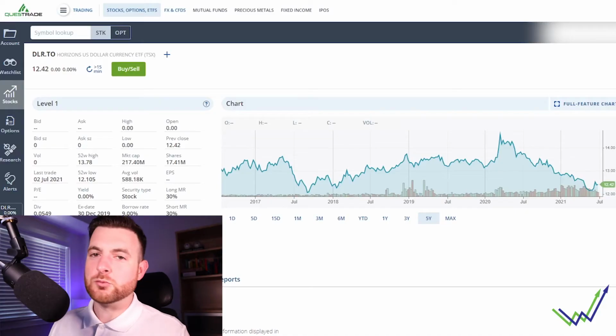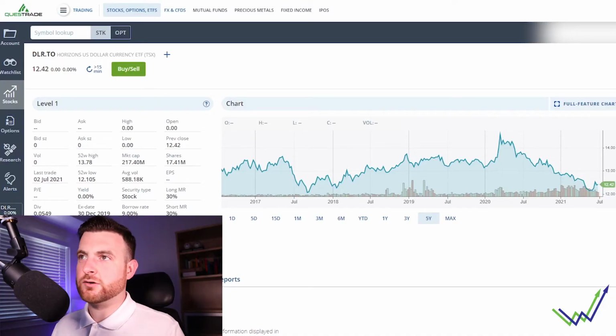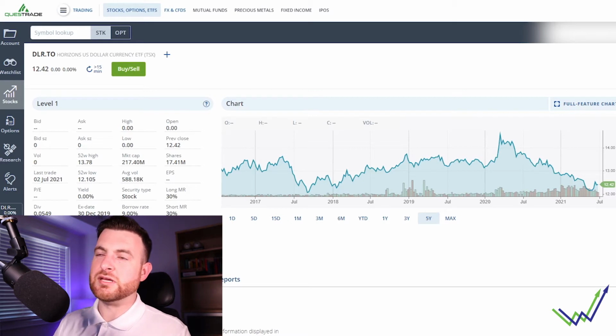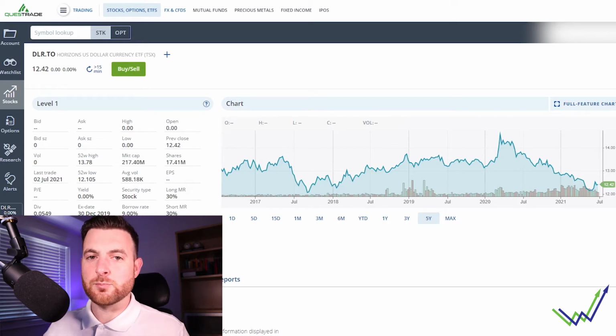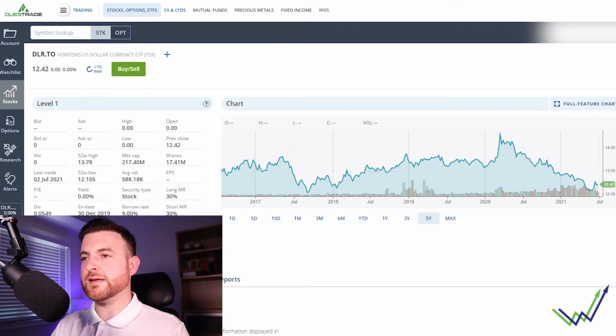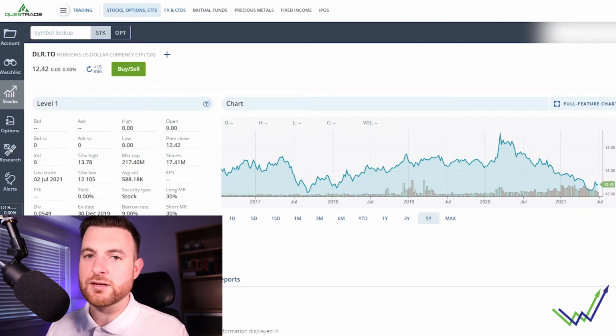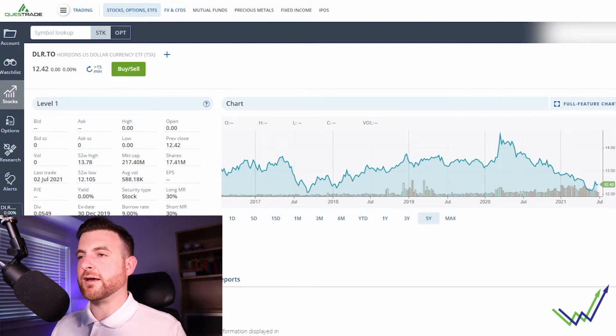Jumping into the screen, we have my Questrade account up now, and I'm looking at a fund called DLR.to, and this is going to be the fund that we start with purchasing. But before we get into the nitty gritty, I've created an Excel document that breaks down the differences between going through the traditional routes of the brokerage and this new Norbert's Gambit process.